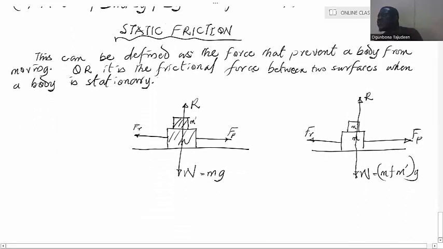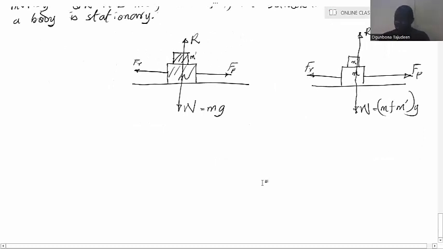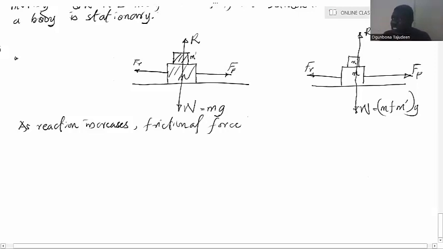That is where we got the rule that as reaction increases, frictional force increases.